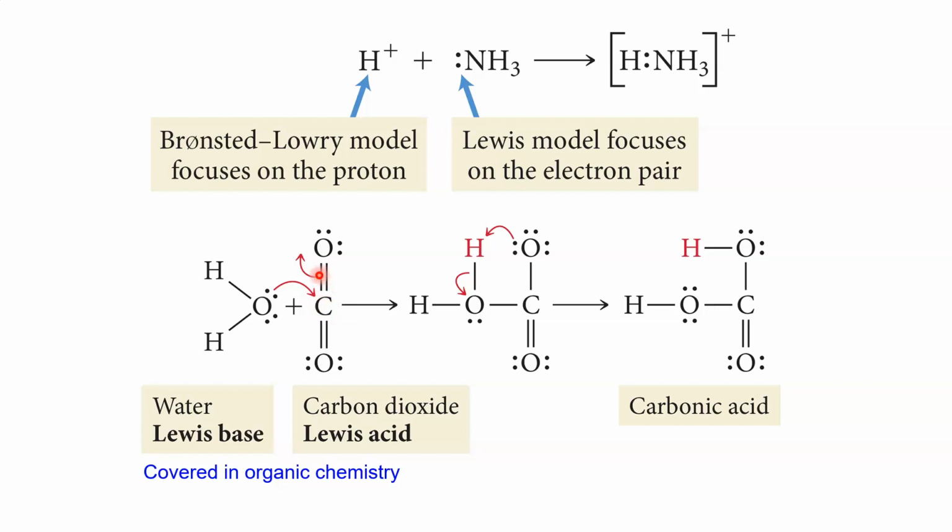And then we have the electrons leaving this bond here and going here, because carbon can only form 4 bonds. So now we have carbonic acid. Okay, this is really, really important in your blood buffering system, and we will talk about that in the next chapter.